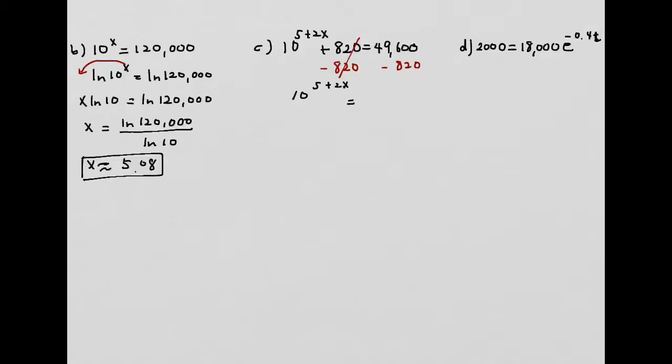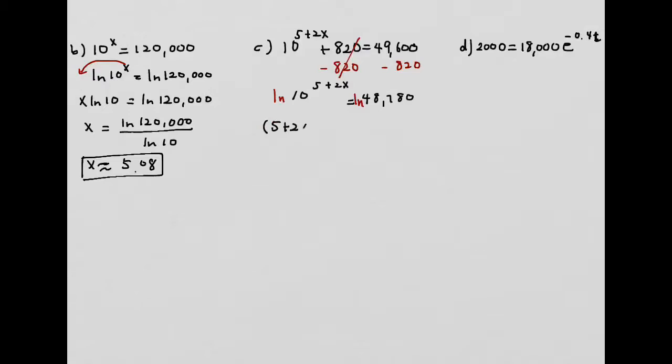The other side, when I subtract 820, I get 48,780. And once it's only exponents on one side, that's when I'm going to apply the natural logarithm to both sides.